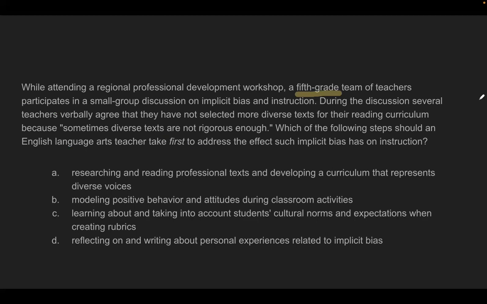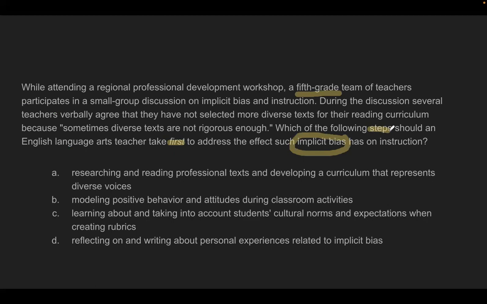Addressing implicit bias. Yes, we want to sort of decrease implicit bias, right? And it's also asking you for a sequence, which is first to address. Right. First, what is important for you to do first? There's multiple steps, guys. And with many of these questions and answer choices, there's multiple steps. They're asking for the first one.